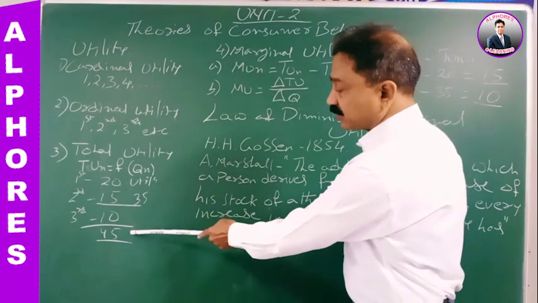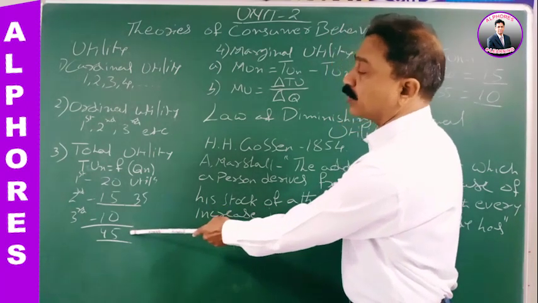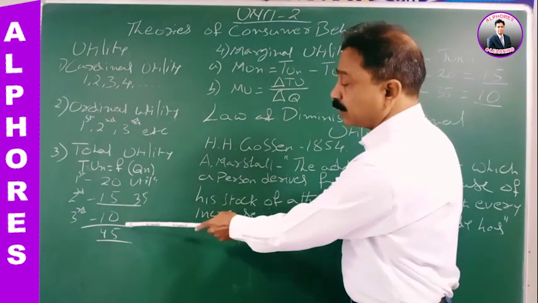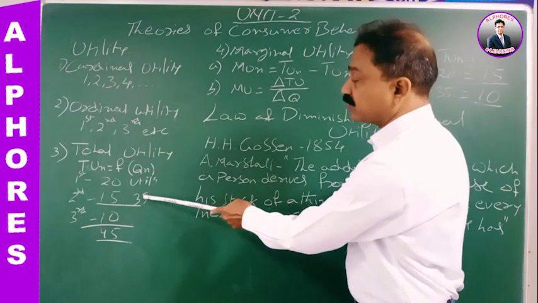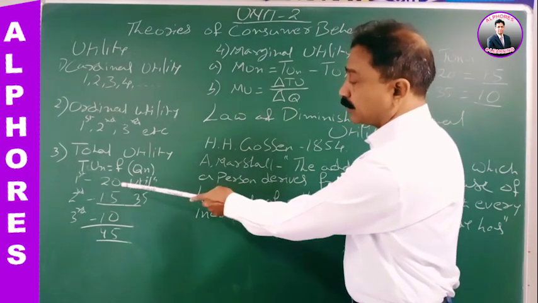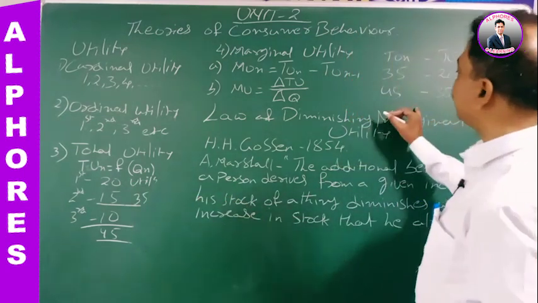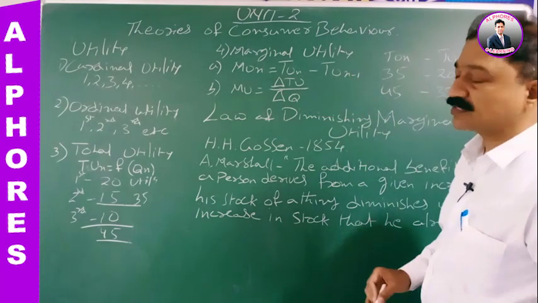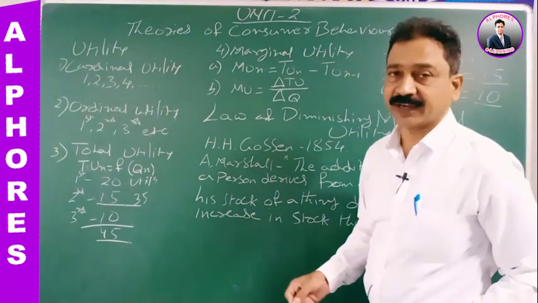So from the present one, if you remove the previous one, you will get the marginal utility. That is one method. The second method is delta TU by delta Q.